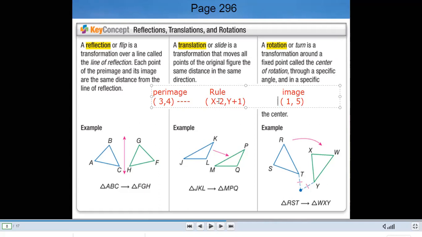Miss, I don't understand how we got the rule. We subtracted the image minus the pre-image. Okay. Third case: I have the image and the rule and I'm looking for the pre-image. How will you find it?